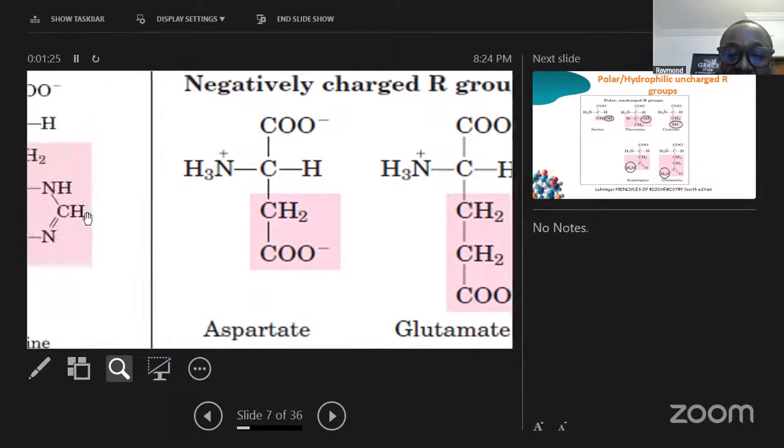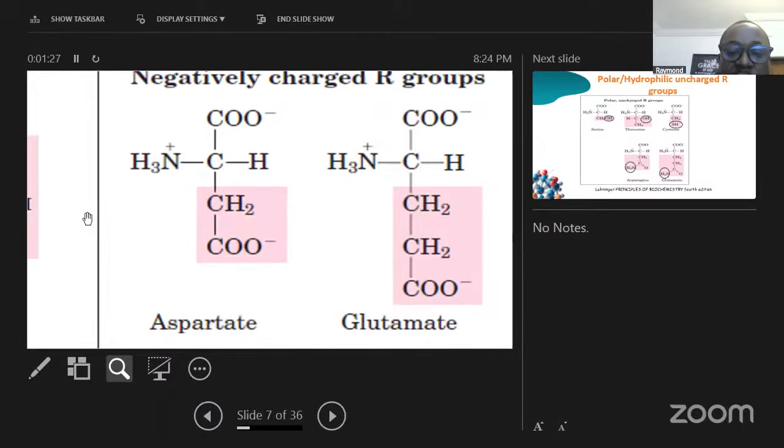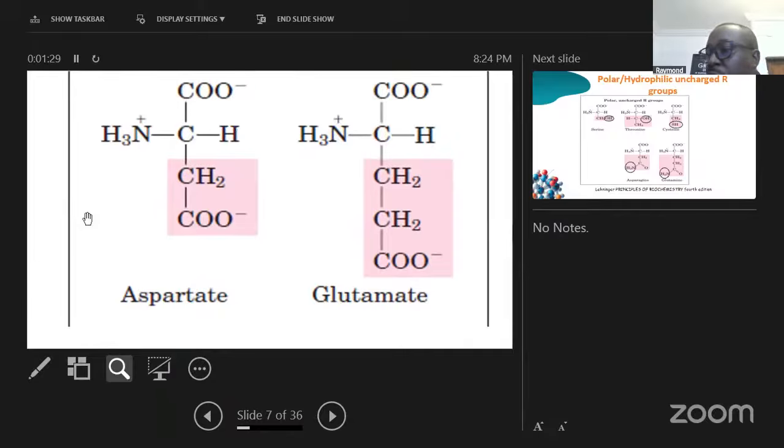We have glutamate, you can see the COO minus in glutamate. You have your glutamate, you have your aspartate. These are the negatively charged amino acids. So you can see that they have COO minus at the terminal.